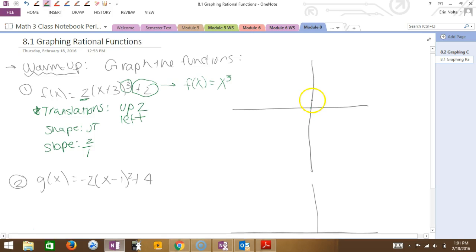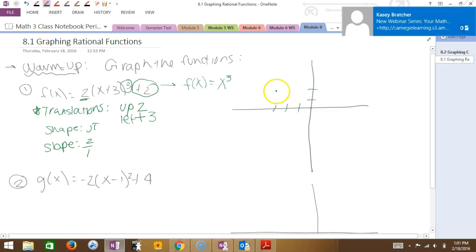So anyways, if I'm graphing this graph, f of x, I start at the origin, because that's where the parent function would go through, and I go up 2, and left, how many? 3? Left 3. So up 2, left 3, and I go, okay, that's my new reference point.